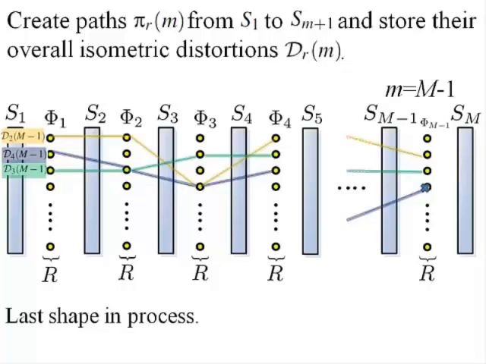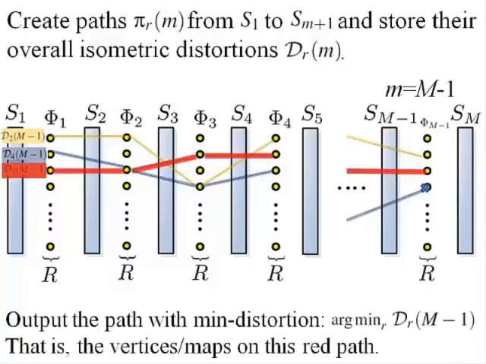And since we are done, now I have these emphasized distortions, and I pick the one with the minimum distortion. So this is my result basically, and the nodes or the maps on this path are announced as results.